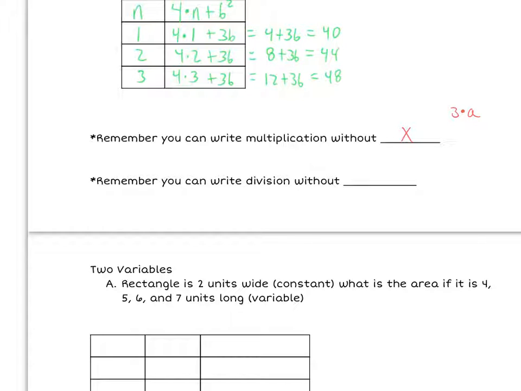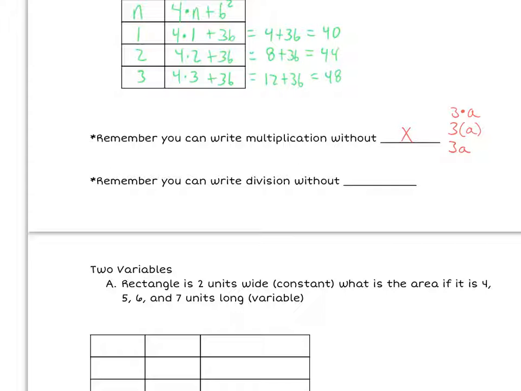You can do 3 parentheses A. If you have a number right next to parentheses, that means multiplication. There's one other way too. If you just have a number next to a letter with nothing between them, it means multiplication. 3A. That means you have 3 A's. So 3 times A. Those are 3 different ways to write multiplication.